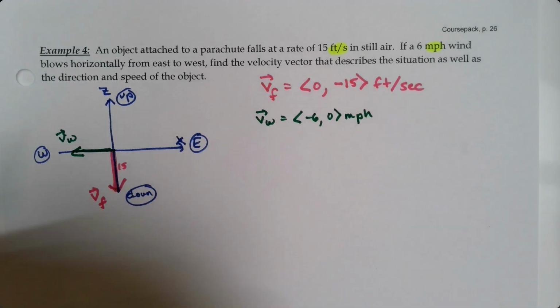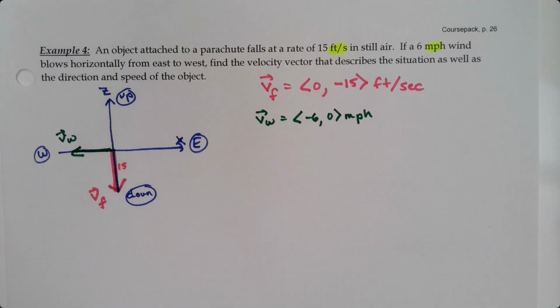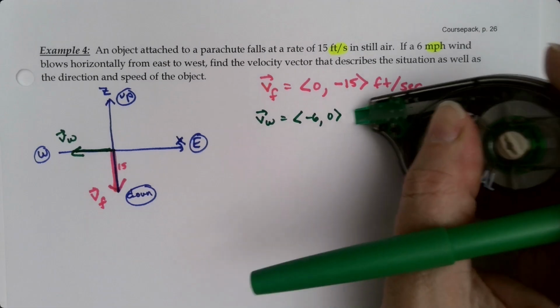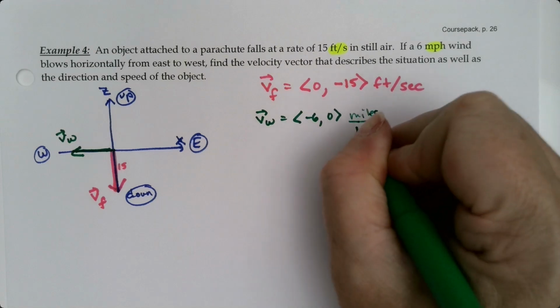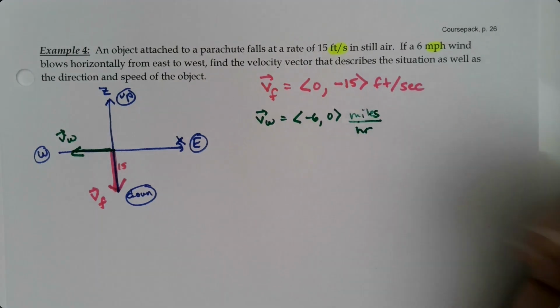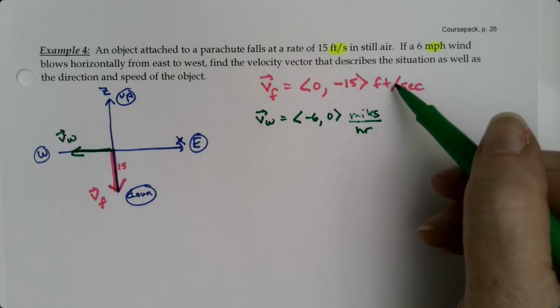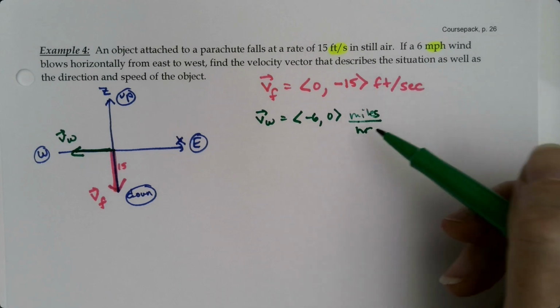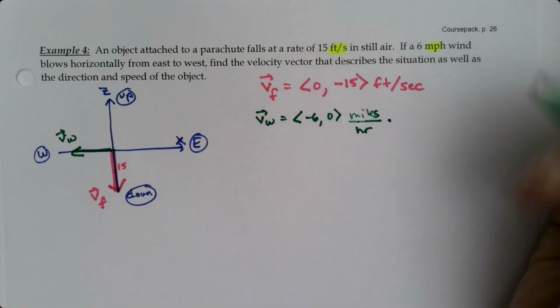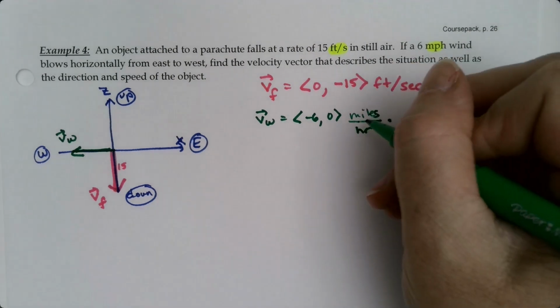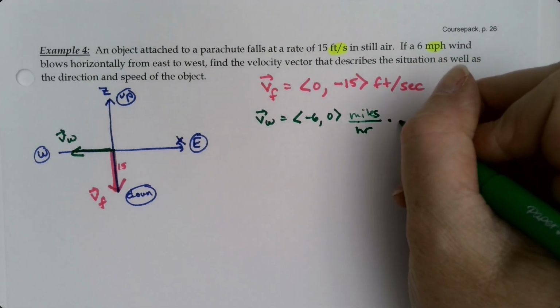And that's no good to us. Miles per hour, actually let me write out miles and hours just to remind you guys how to do unit conversion here. That's miles per hour. So we have to either convert this one to miles per hour, or this one to feet per second. It's kind of whichever, but I'm going to convert this one to feet per second. So I'm going to get rid of the miles.